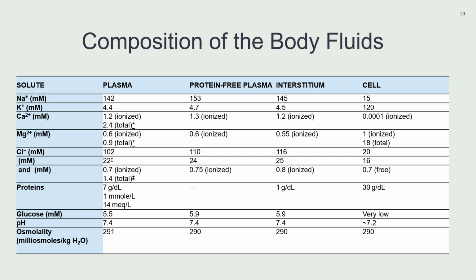Which of the following compartments has the highest sodium concentration? It will be extracellular compartment, intracellular compartment, intramitochondrial compartment, something like that. So you remember that sodium goes out of the cells, potassium inside the cells. That's the concept that I need you to remember.